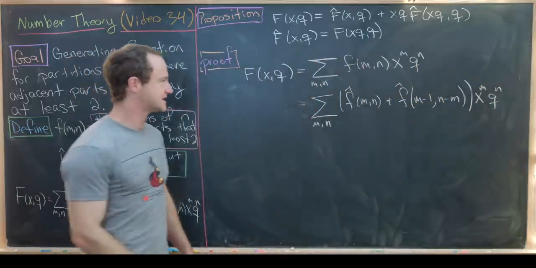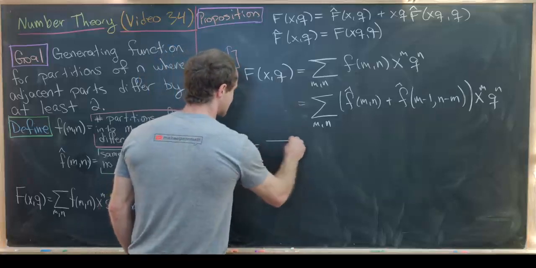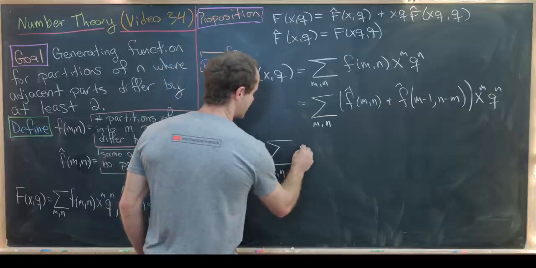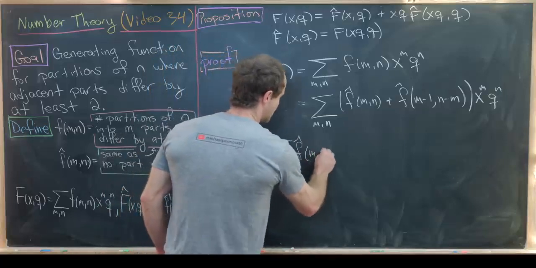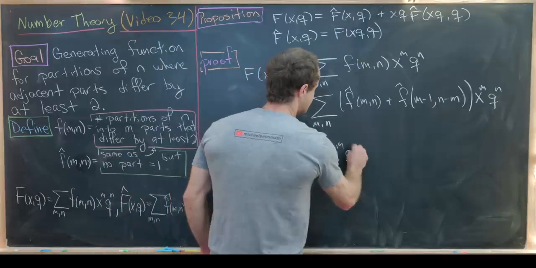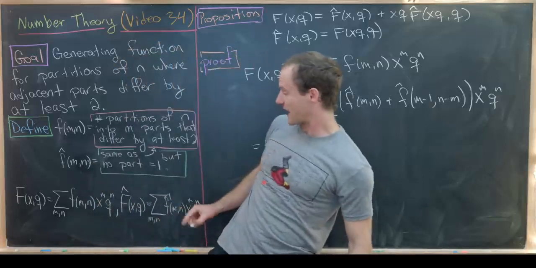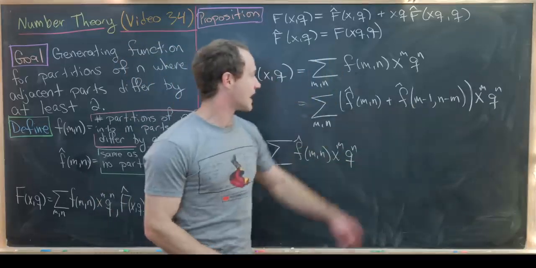Now we're going to split this into two parts. So that's going to give us this sum as m and n go between 0 and infinity, f hat m,n x to the m q to the n. So notice that is already our generating function capital F hat. And then we've got the rest of this.